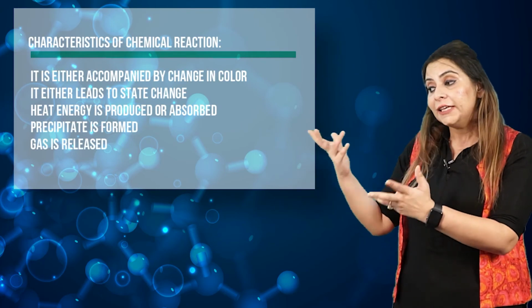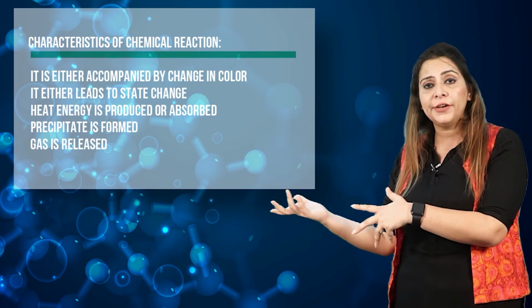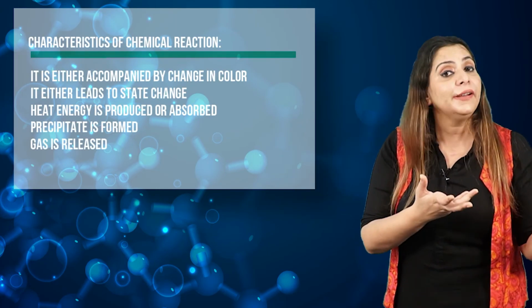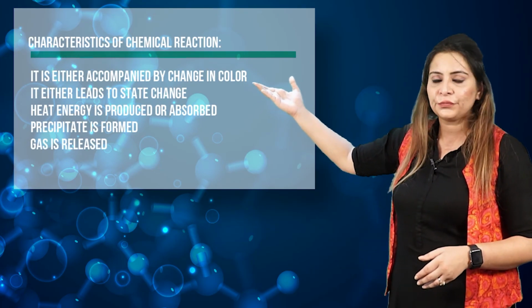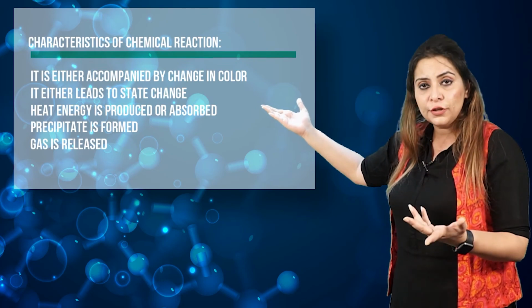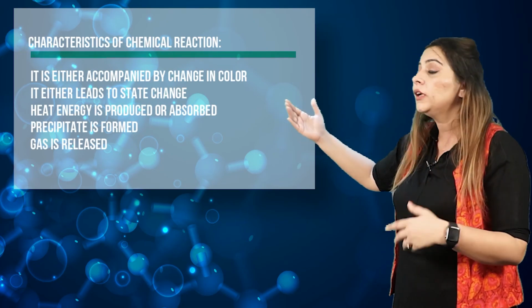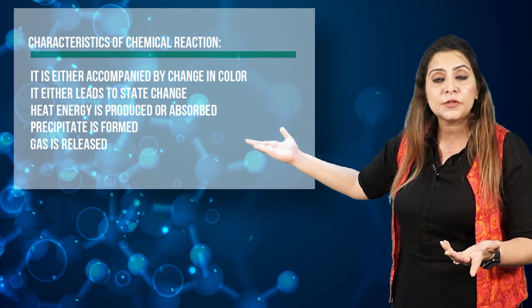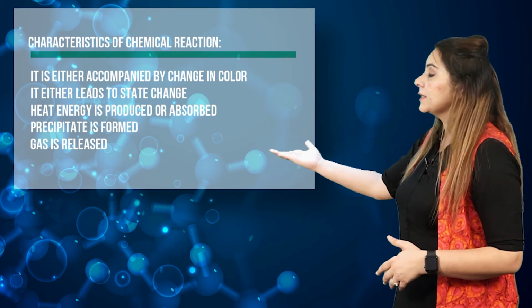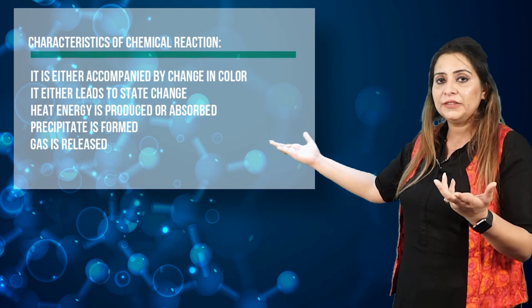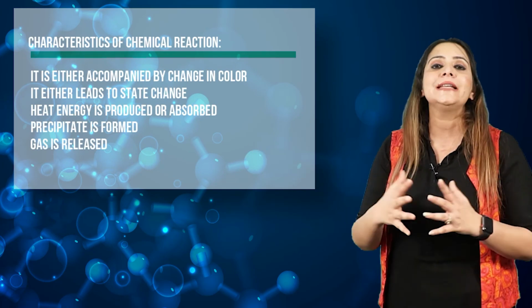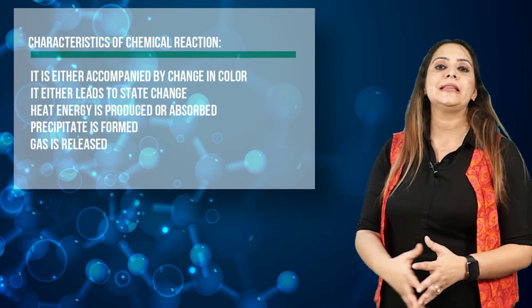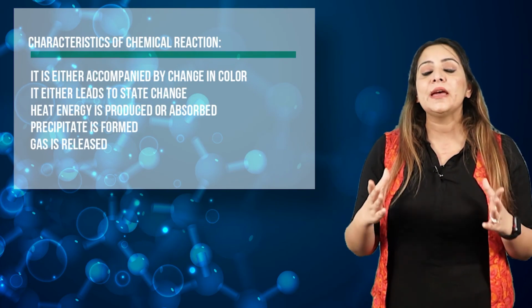So here the state of the product is different from the state of the reactants. There can be a change of state also. There can be evolution of gas. There can be formation of an insoluble substance, that is a precipitate, and the reaction may absorb or release heat depending upon its nature. So these are a few characteristics which show that a chemical reaction takes place around us.